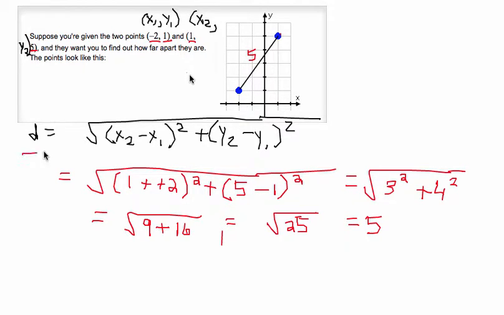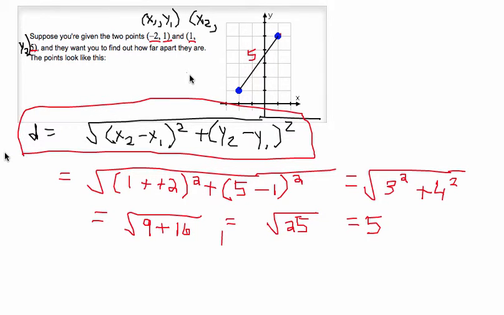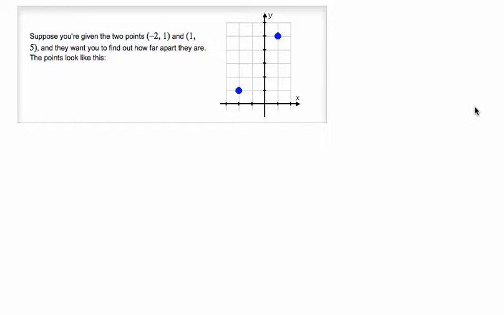So the distance formula always works to find the distance between 2 points. Now another method also works, and that method is by using the Pythagorean theorem.